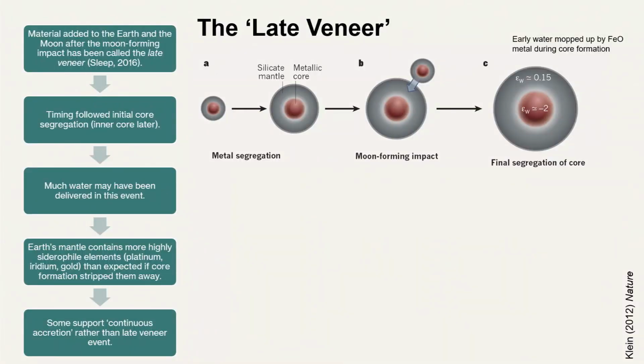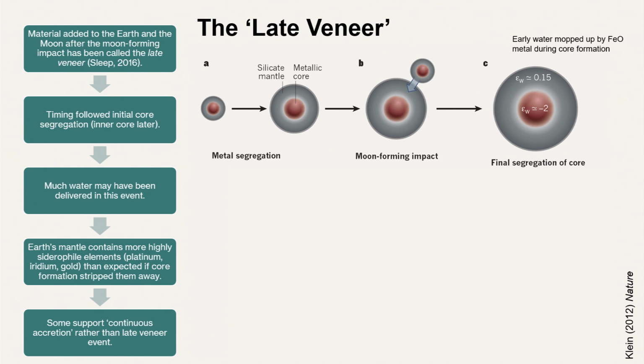Sarah also talked about the constant flux of material to the Earth's surface, which brings all these weird and wonderful chemical species that she's discussed, and that includes water. It's thought that the final segregation of the Earth's core will have mopped up a lot of the water that was available.